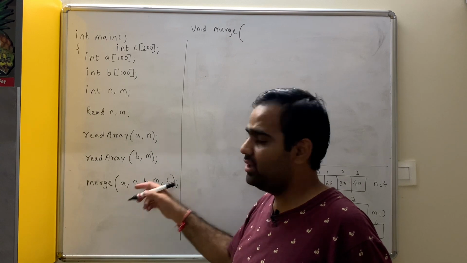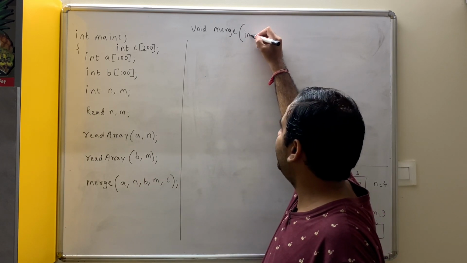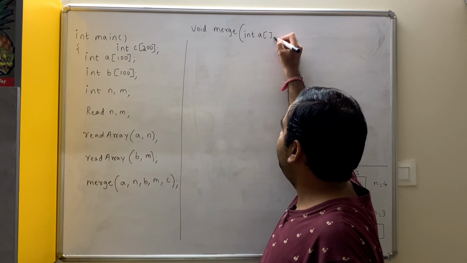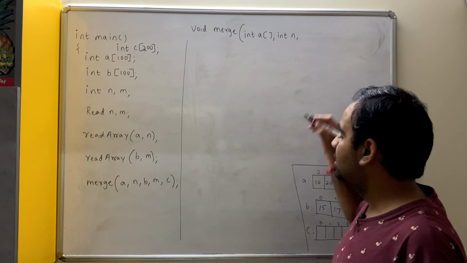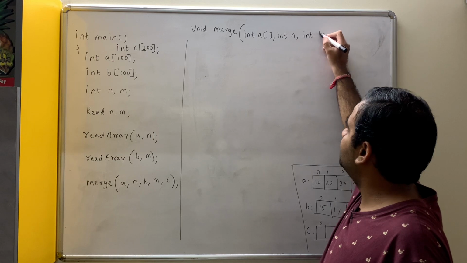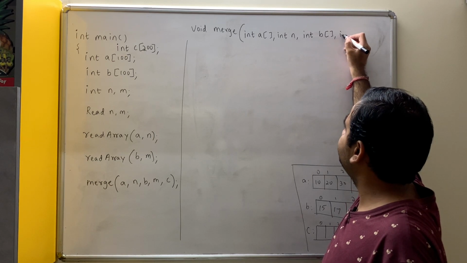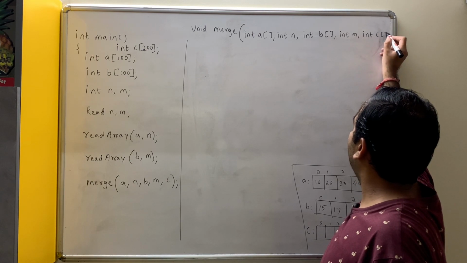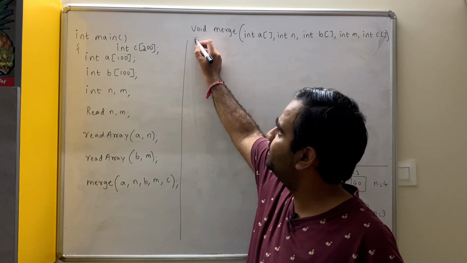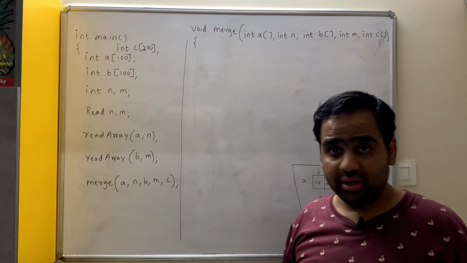What is the first parameter? Integer one dimensional array. Second parameter is the number of array elements of A. The next parameter is integer one dimensional array, integer m, and this is where I want to store the answer in C.